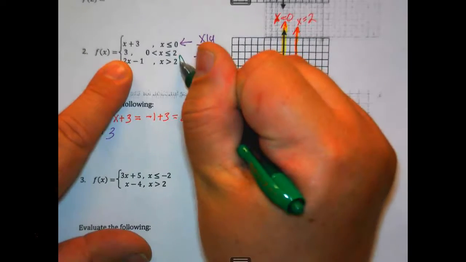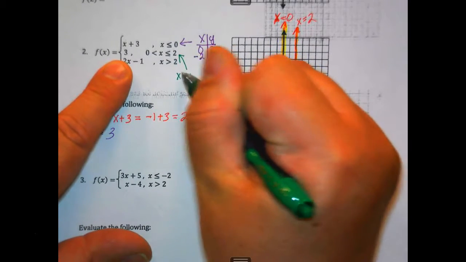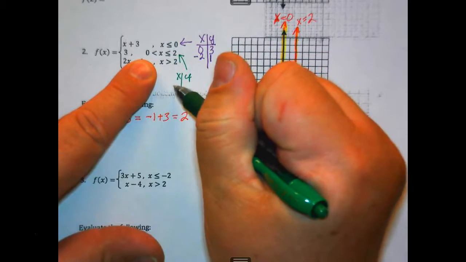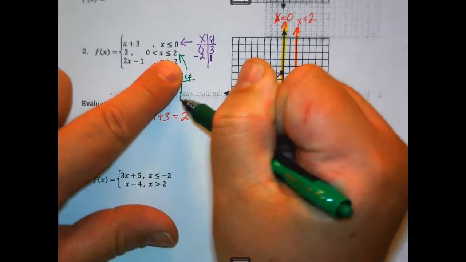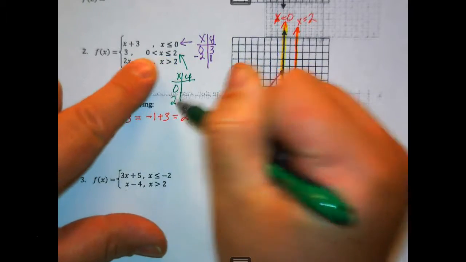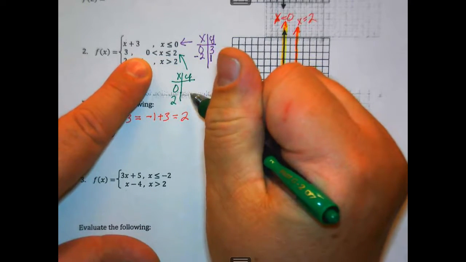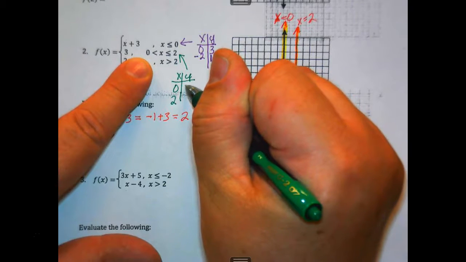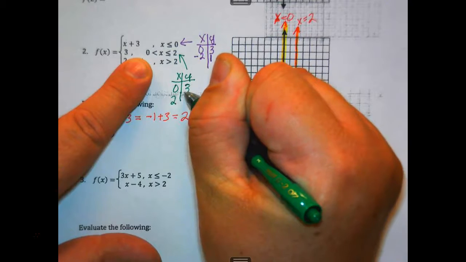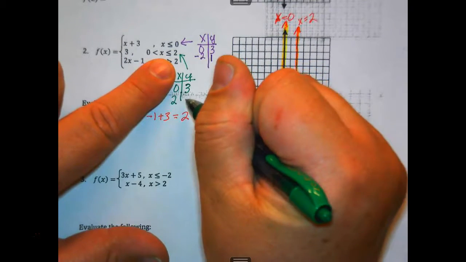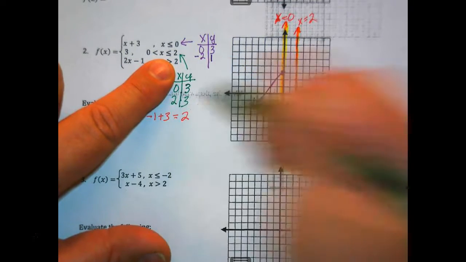My second one. I need a chart for the second one. I have to use, in fact, there's 2 of them I have to use. I have to use 0, and I have to use 2. Okay, what's my Y value if it's 0? 3. What's my Y value if it's 2? 3.